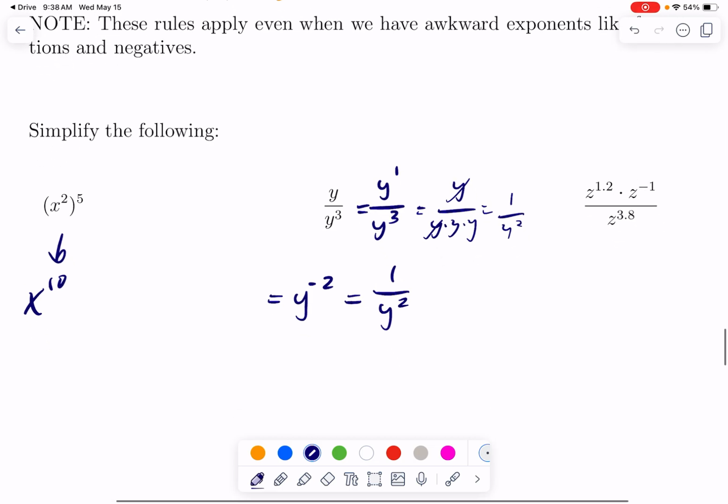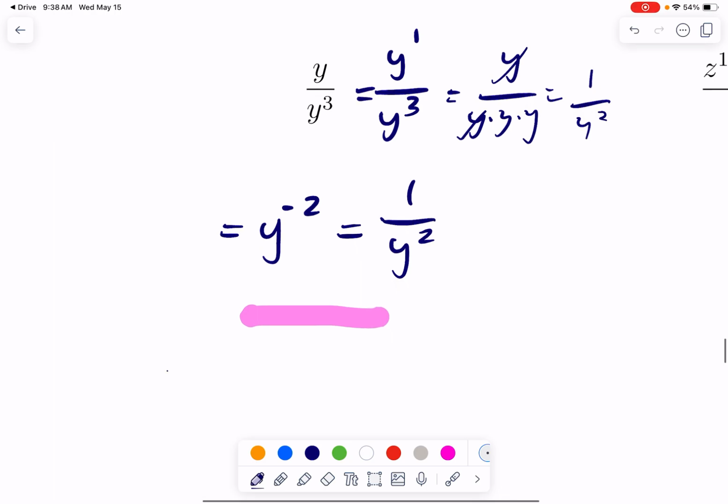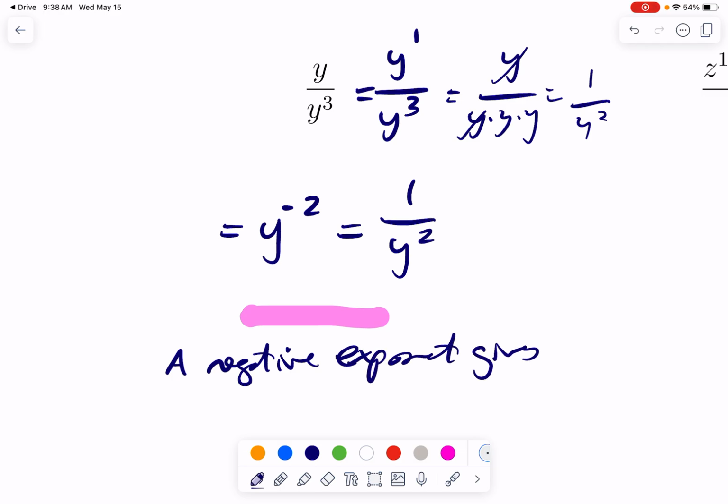So this is a rule that probably you've seen before, and this is where it's coming from. So a rule worth remembering here is that a negative exponent gives a reciprocal. Y to the negative 2 is the same thing as 1 over y to the 2.